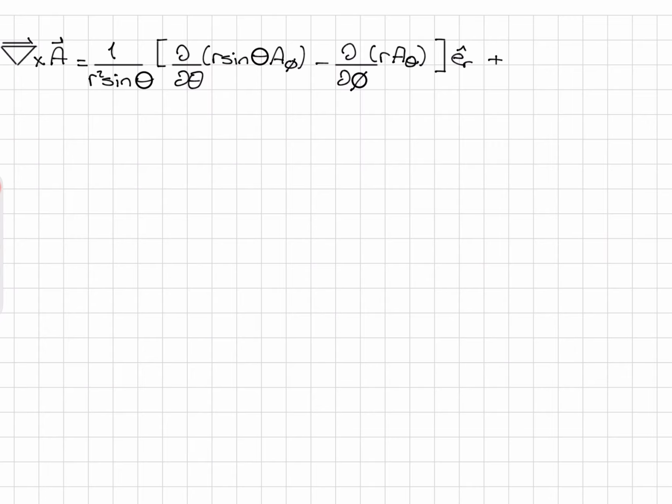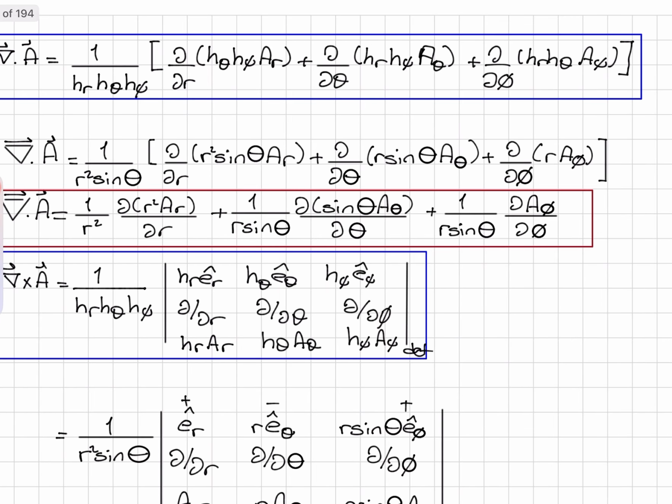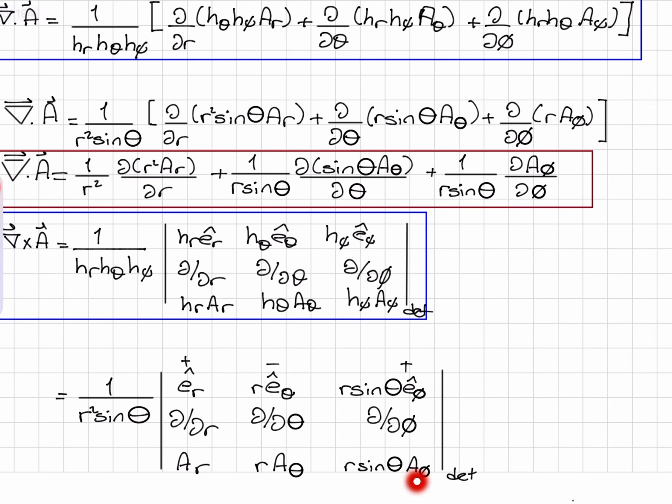Then now we can do the second term. So we did this ∂/∂theta of r sin theta A_phi minus ∂/∂phi of r A_theta. Now we're going to do a minus r e_theta hat. So because of the minus sign, instead of evaluating this first, we can evaluate this first: ∂A_r/∂phi minus ∂/∂r of r sin theta A_phi. The r also will cancel this.